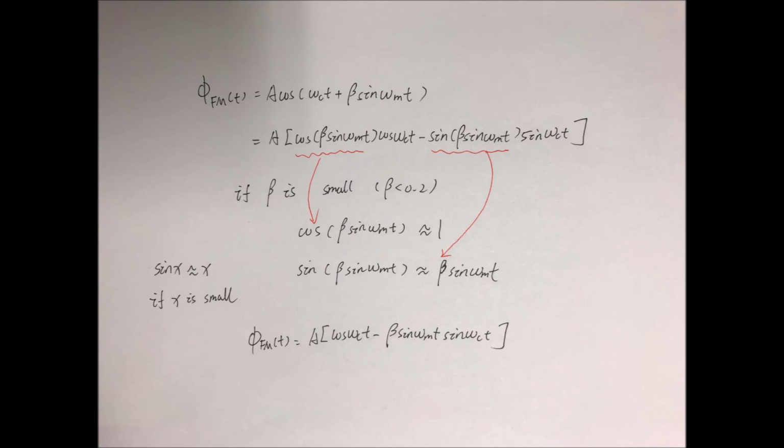So for a very small number, cosine of a very small number is approximately equal to 1, since cosine 0 is 1, right? Cosine of a very small number is very close to 1.